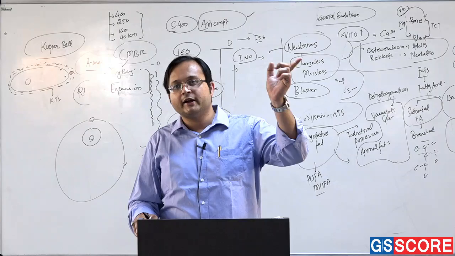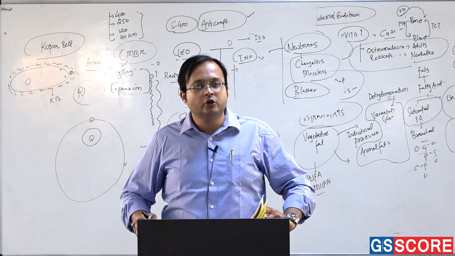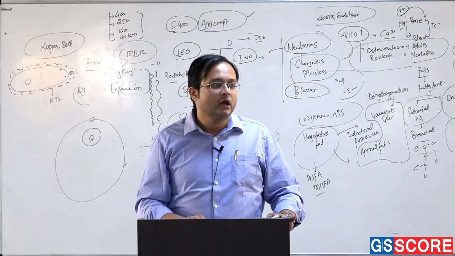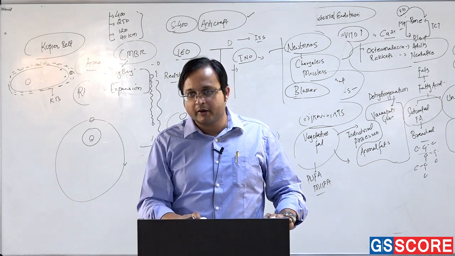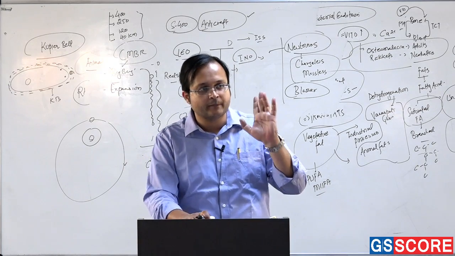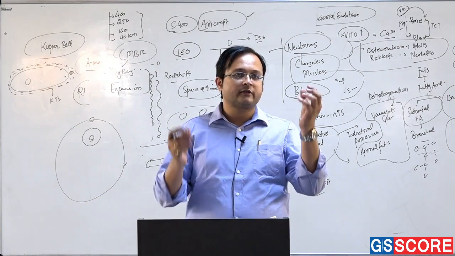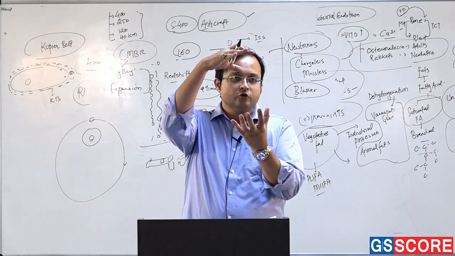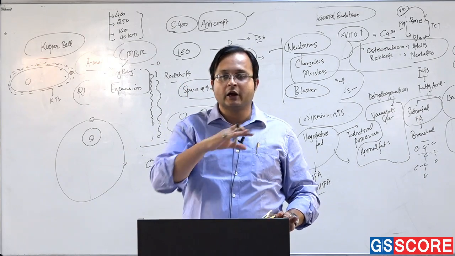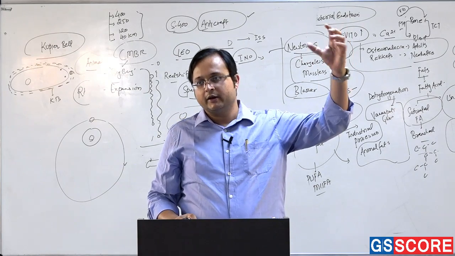One is ITER, the International Thermonuclear Experimental Reactor, which is placed in France, in which 8 countries are participating, of which India is also a participant. ITER is based on the tokamak design. Tokamak design is fusion using a dome created by electromagnetic fields and lasers, right? That is the tokamak design.